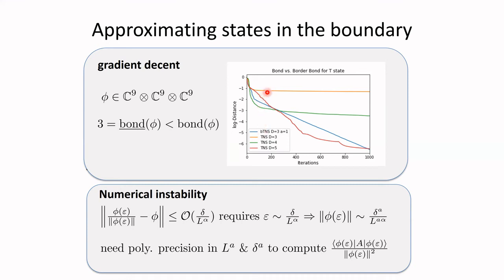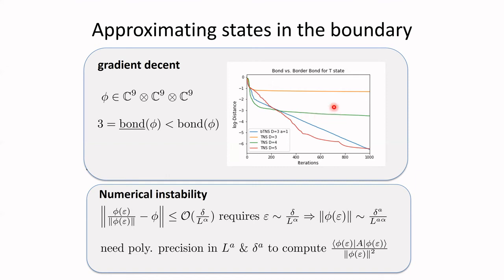And so for bond dimension equal to 3 and bond dimension equal to 4, what you see is something very typical. So we have an initial decrease in the distance of the state to the state that we are looking for, but then this convergence basically drops to 0. So there's not much change anymore. I mean, here the green line is very slowly still converging, but it really takes forever.